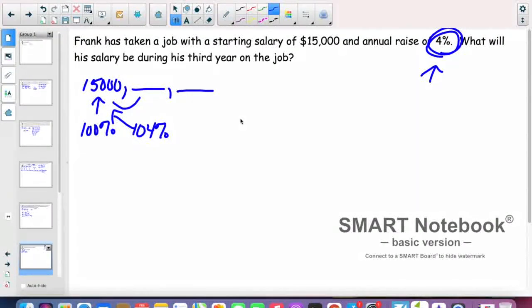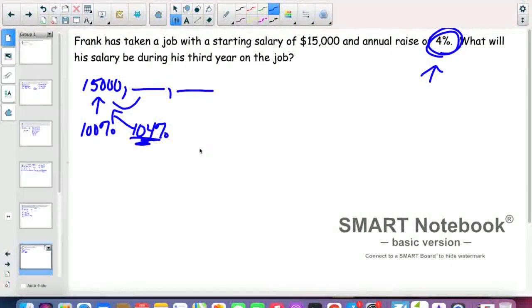So what I'm going to do is multiply this $15,000 by his new percentage rate, or the percentage rate of his next year. Next year, not only does he make 100% of his salary, he makes 4% more than that.